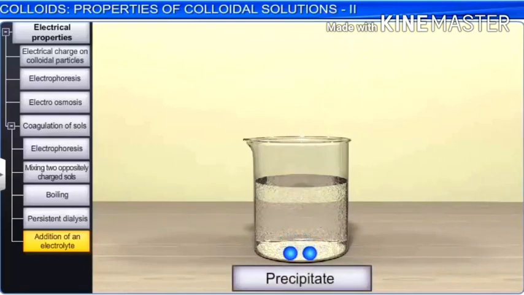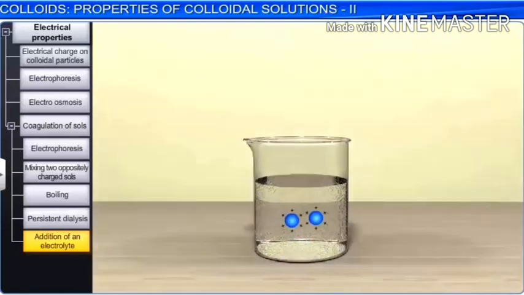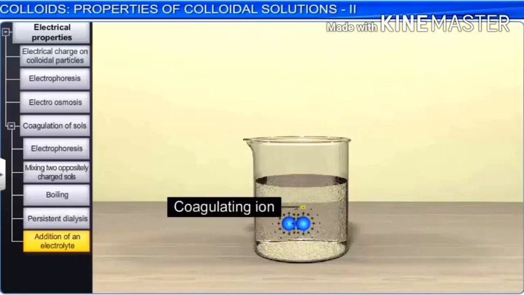That means a negative ion will cause precipitation of the positively charged salt and a positive ion will cause precipitation of the negatively charged salt. So by addition of an excess amount of electrolyte, neutralization of the charges will take place and it will result in coagulation or precipitation.